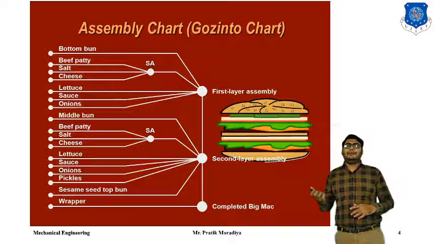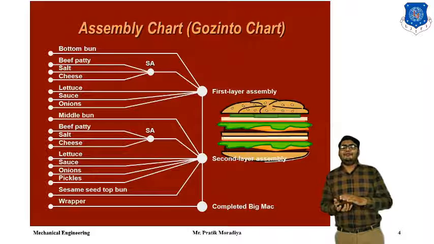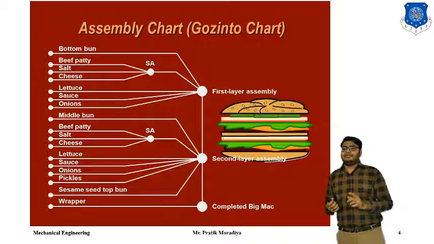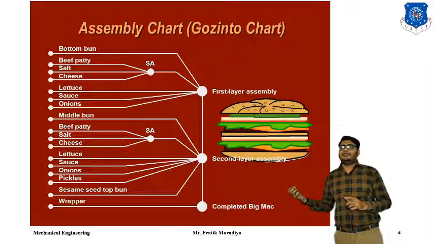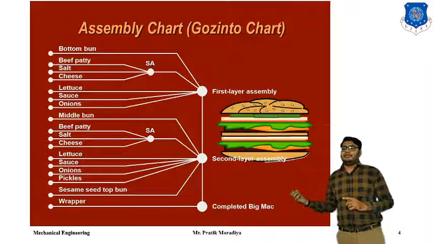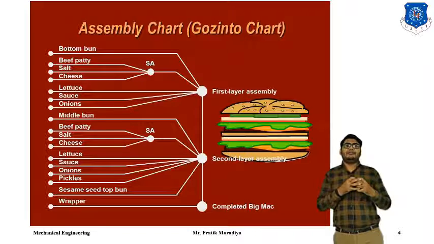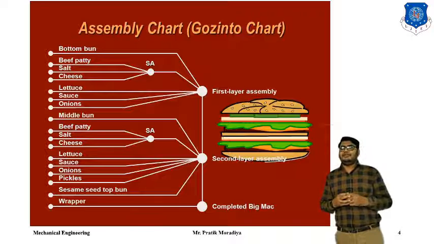Then you make a sub assembly of them, and we add it on a bun. So this is the first layer of assembly. After that, we again add some other edibles like lettuce, sauce, onions, etc., and we have our first layer of assembly ready. After that, we put a middle bun.